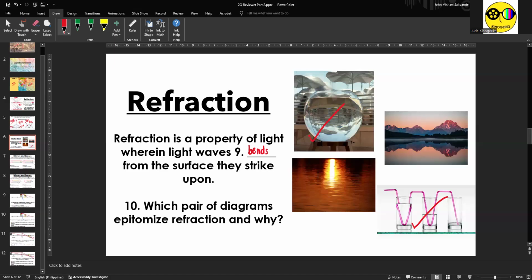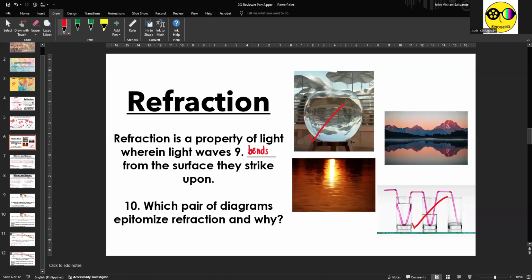So in the bowl of water, when you envision the umbrella inside the bowl of water, it's inverted as well as magnified, suggesting that light waves bent because of differences in density. So you have the bowl, which is solid, and water itself, which is liquid.